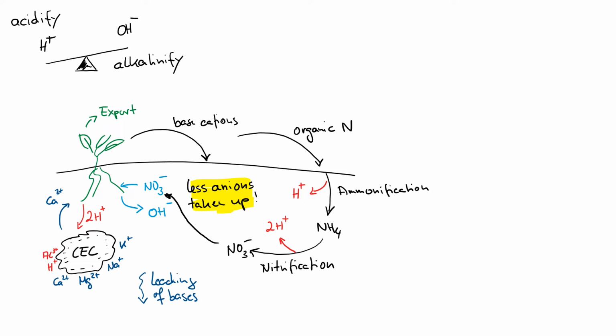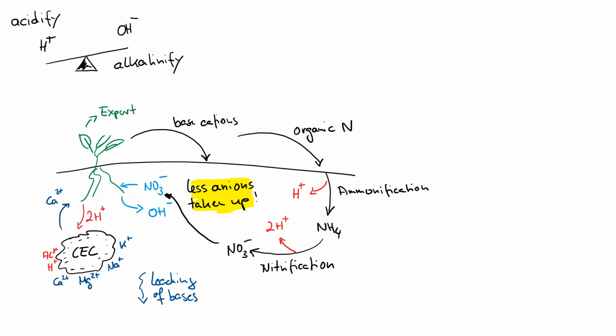And you see that in this process, which involves ammonification and nitrification, we do release protons, which, as we said, would tend to acidify the soil. If this process actually does run as a cycle, these protons are being taken care of, and as long as it's a closed loop, it does not acidify the soil.